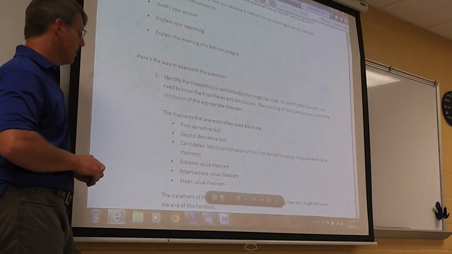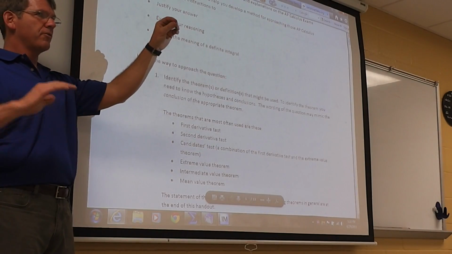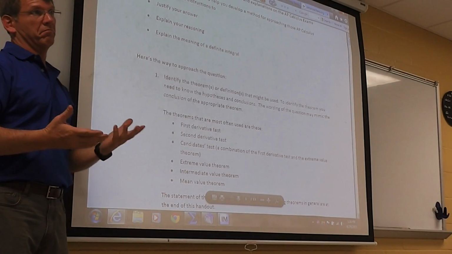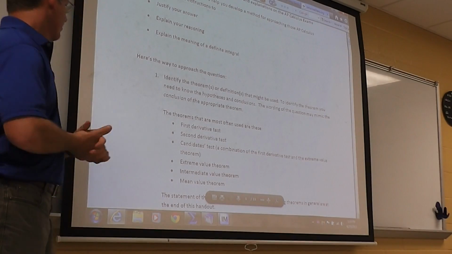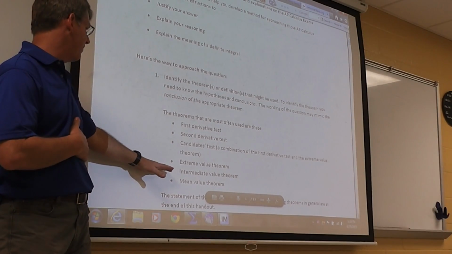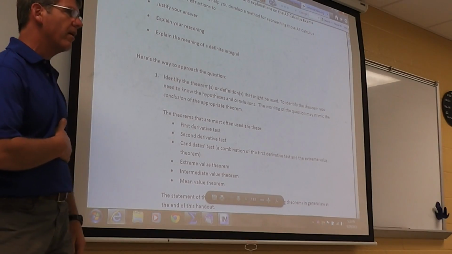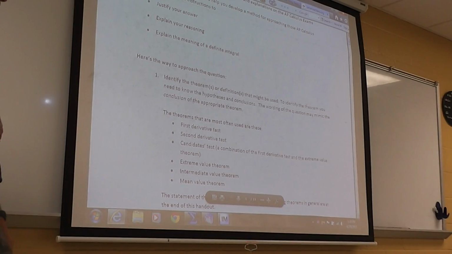That's a definite must. Because if you had a vertical asymptote in there, then you can't guarantee 7 is your maximum because you might shoot off to infinity. All right. Extreme value theorem, intermediate value theorem, mean value theorem, all these guys are going to be ones that require you to use some sort of a statement to justify.